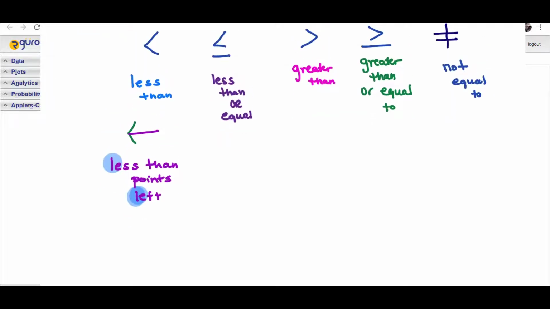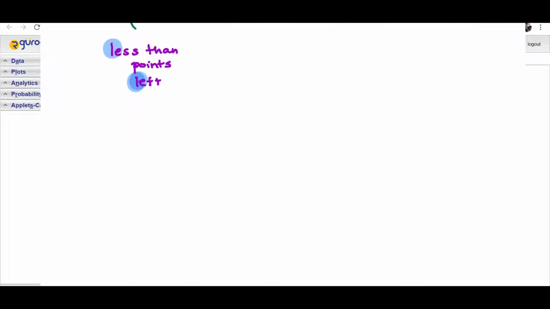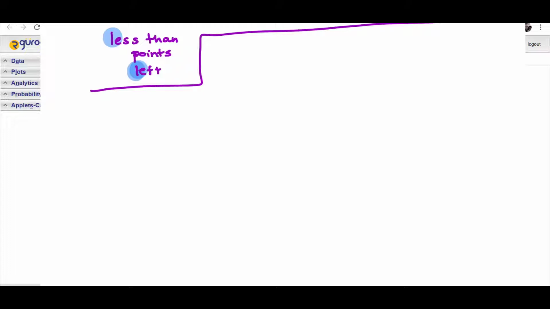So I want to talk about some wording, though, that we will see that implies inequalities. So I'm going to use the number 5, and I'm going to say for the numbers 1 through 10.